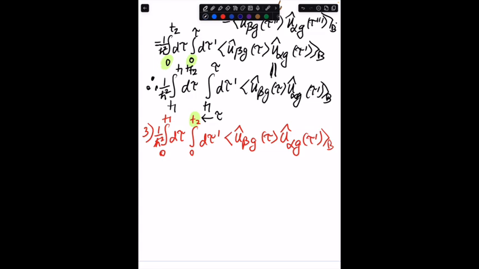If I can get this to look something like 0 to tau instead of t2, then I can write it as g beta alpha something something.